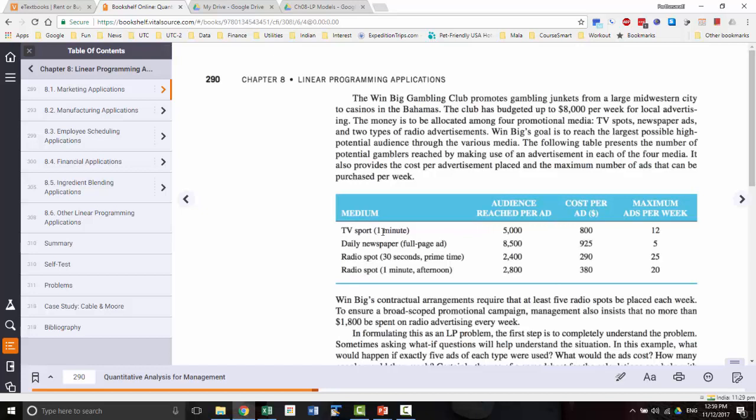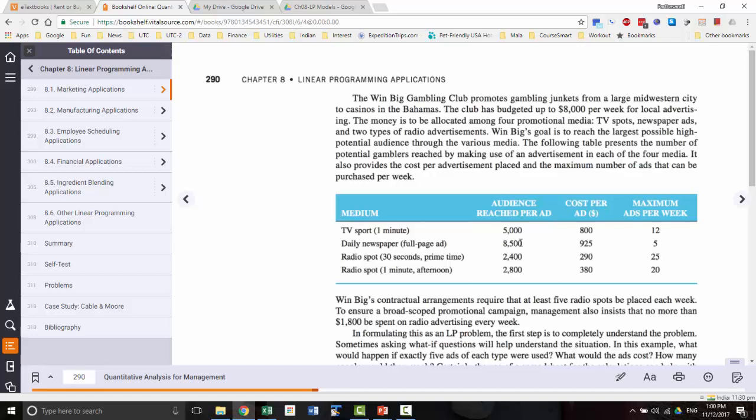First, TV, sports TV, with spots 1 minute in length. We can reach 5,000 audience per ad. What is the cost per ad, and what is the maximum number of times we can run that 1 minute ad during a sports program? Second, a daily newspaper full page ad.